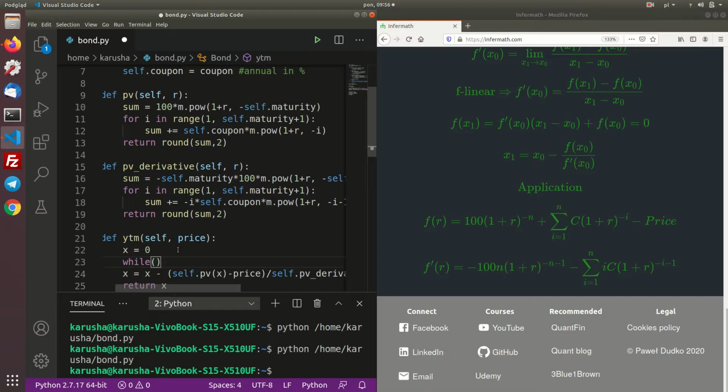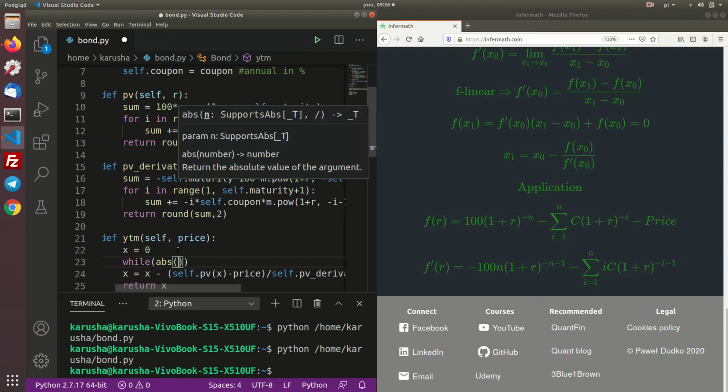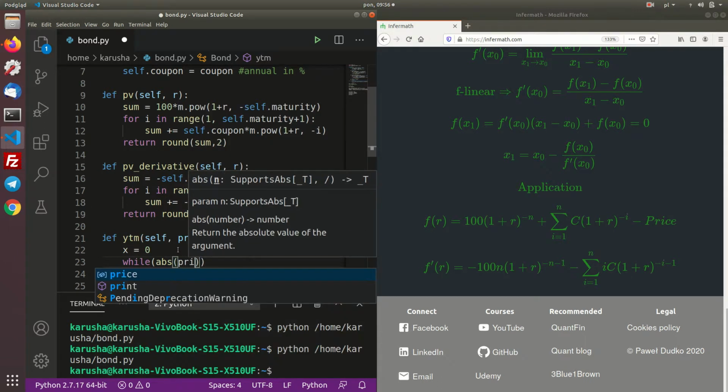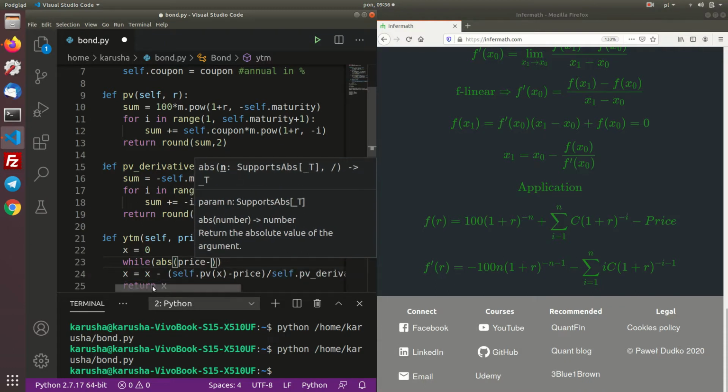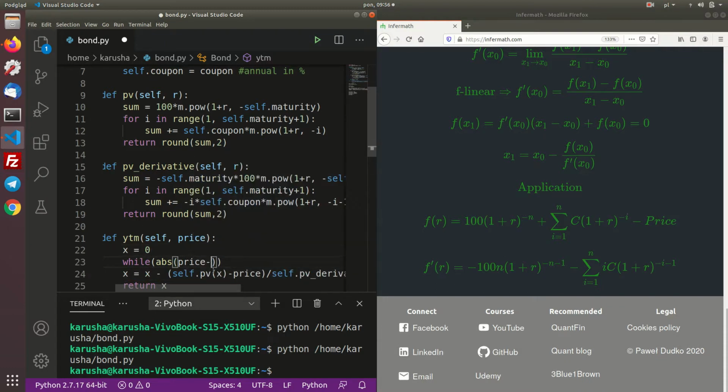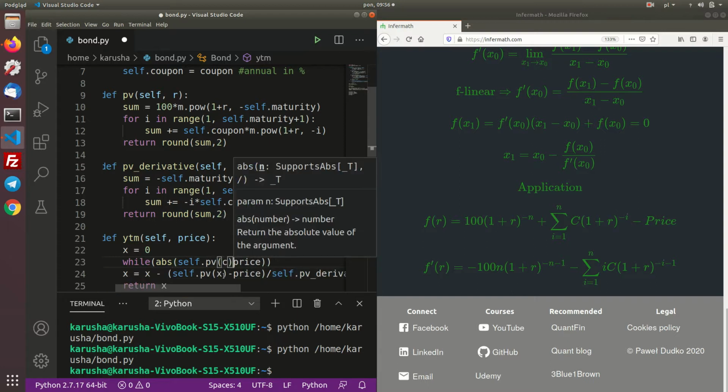So while the absolute difference between price and what we get from our next guess, so basically what will be the PV, right? So we're going to use self PV at x.